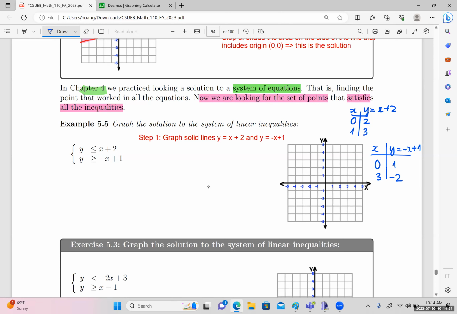So for the first one, I have 0, 2, this guy. I have 1, 3, this guy, right?